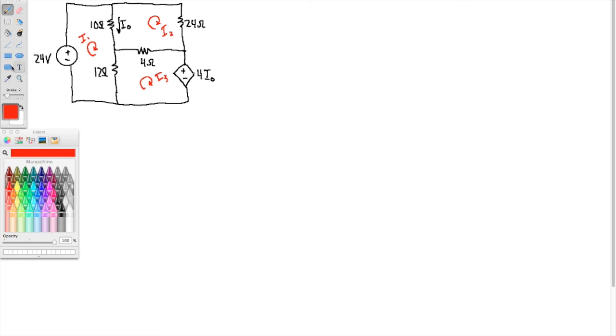As a side note, something we're going to need here is I0. We don't want to use that as an unknown, because we are only going to have 3 loop equations, so we're only going to have 3 unknowns, I1, I2, I3.